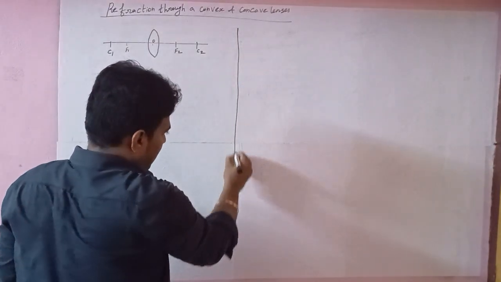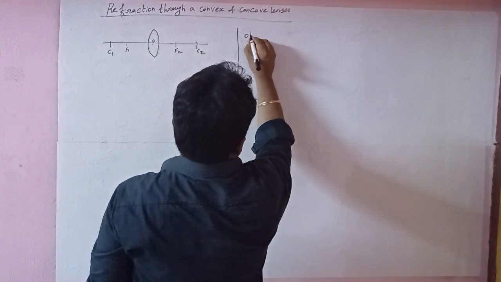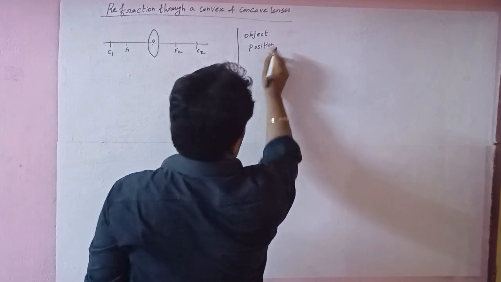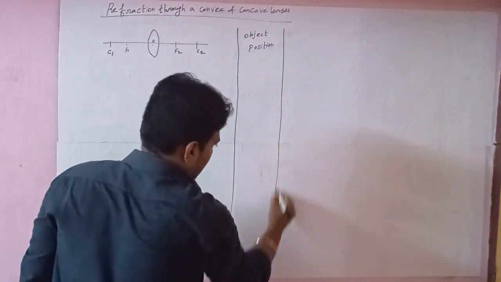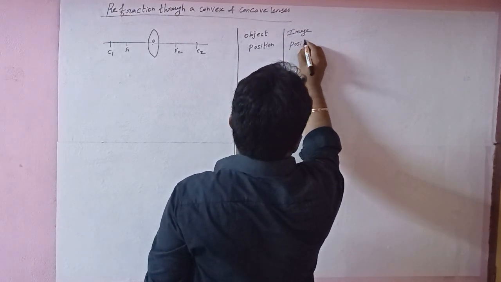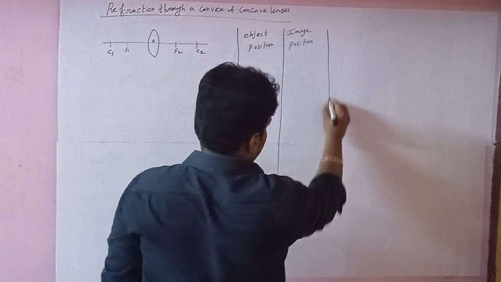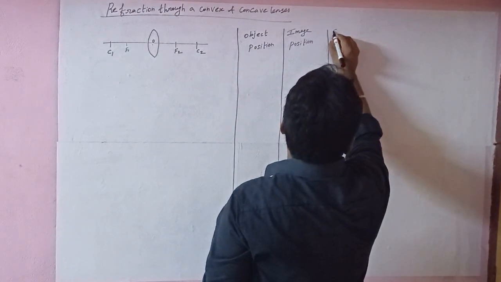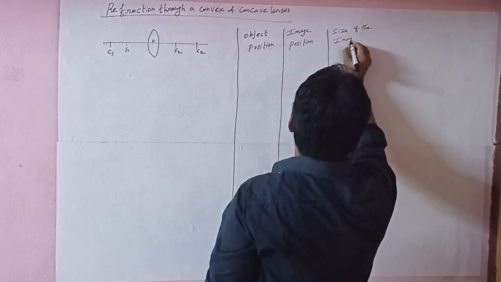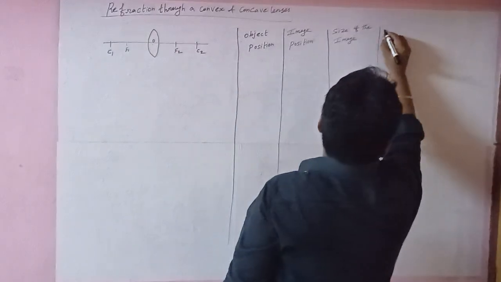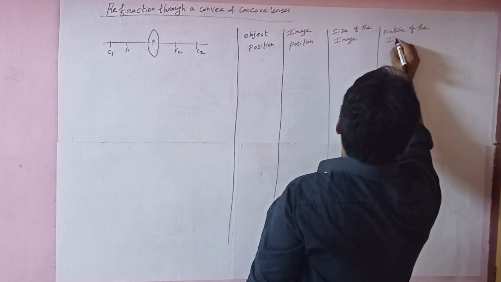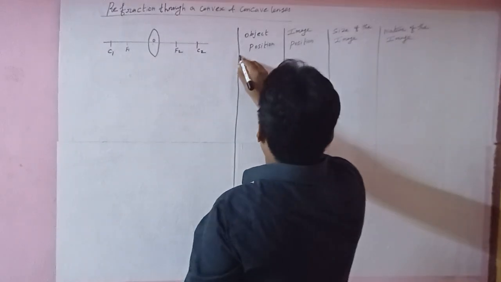I will create a table with columns: first, object position; next, image position; then size of the image; and nature of the image. These are the four cases.